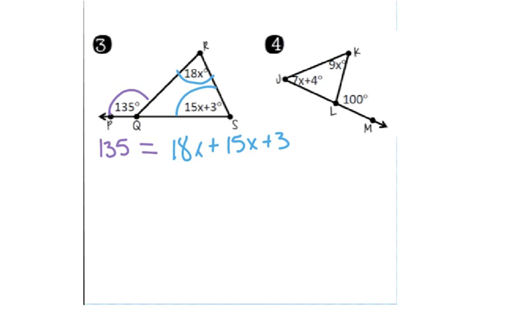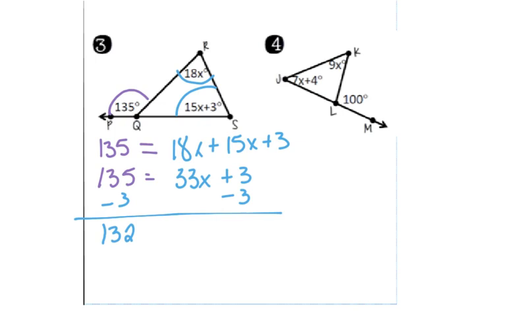So for this one, we would get 135 equals 18 plus 15 gives me 33x plus 3. So you can solve like an equation, subtract 3 to get 132, and then divide both sides by 33. And we should get 4. Yep, x equals 4.